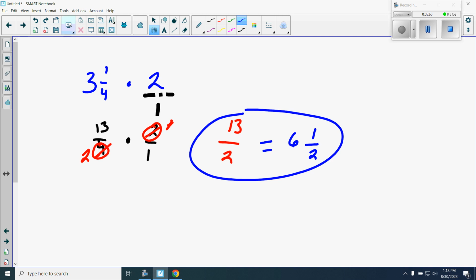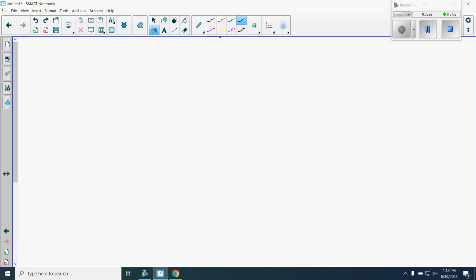Okay, I'd like to do one more because I have a lot of kids that love these things. Times, and let's go 3 and I don't know, 3/4. Whenever I see a multiplication and I have a fraction, proper fraction, improper fraction, mixed number, they are all fractions.